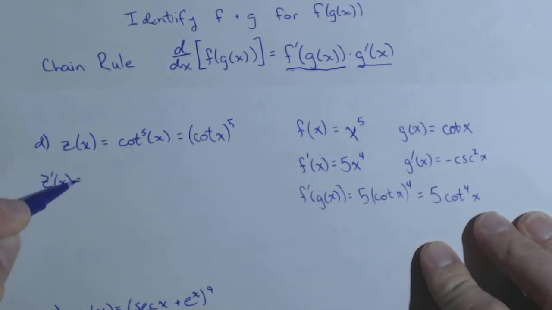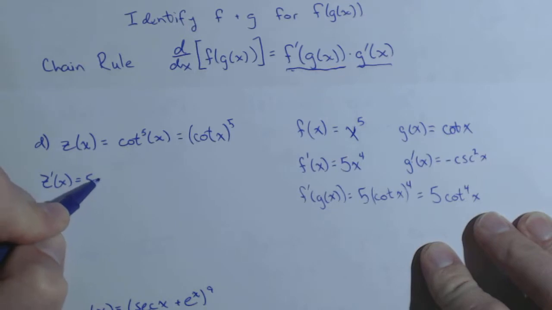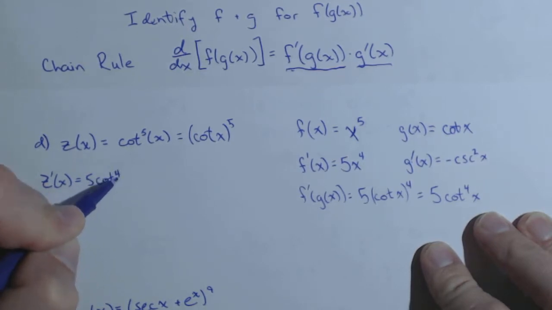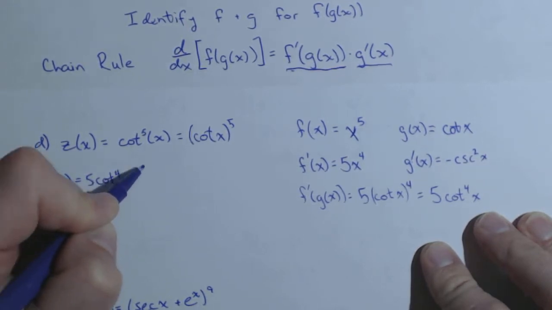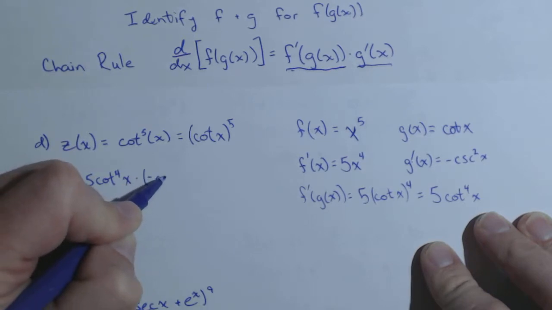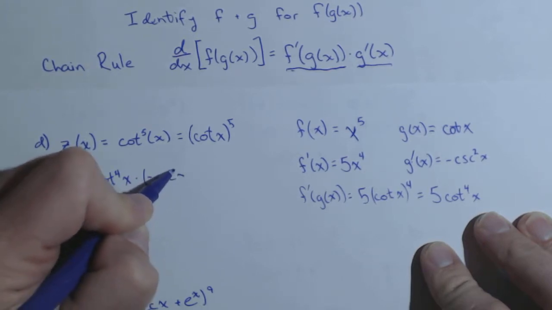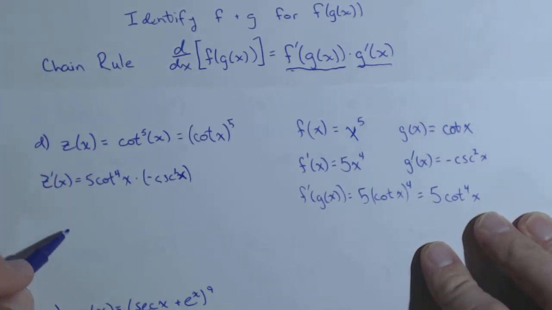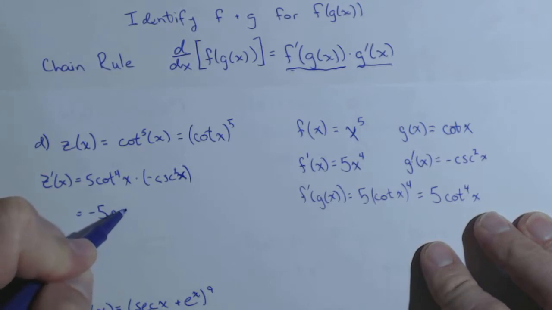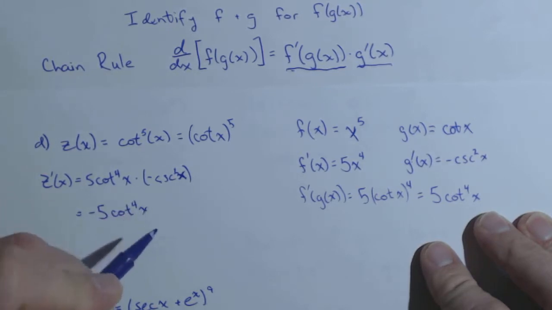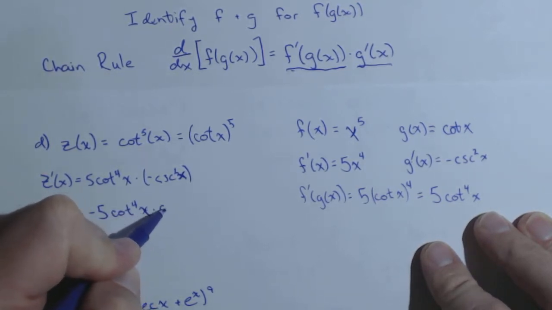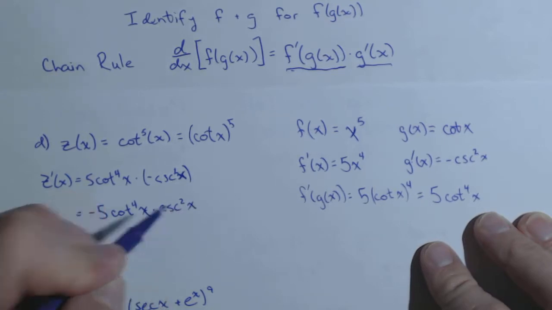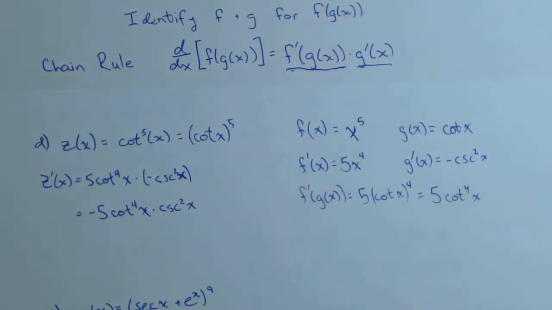So z prime of x is 5 cotangent fourth of x times negative cosecant squared x. But a lot of times we'll write that negative out front so we don't confuse it for a minus. So negative 5 cotangent to the fourth of x times cosecant squared x. And there's our derivative.